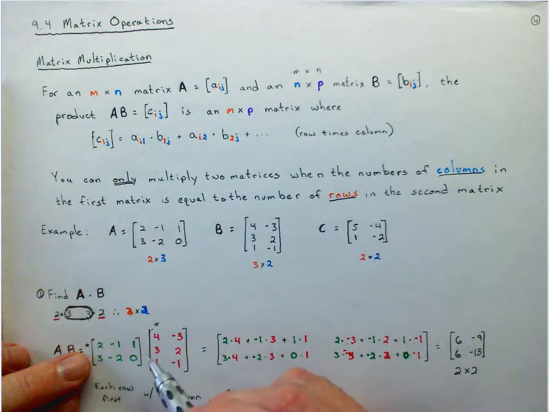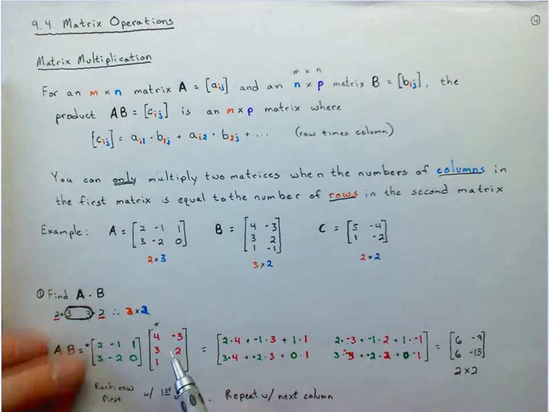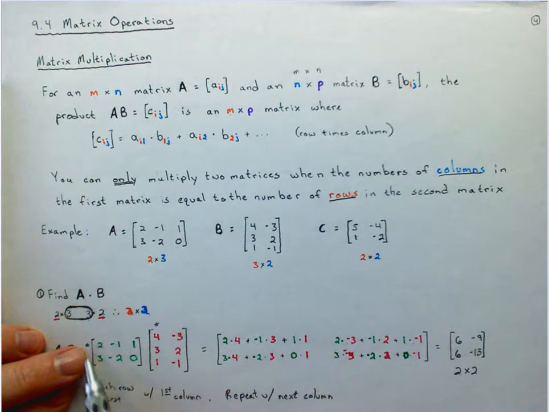Don't highlight and don't use pens when you do this, because you're going to end up flipping and having to redo it. You could use highlighters in yellow, blue and green. So first row, first column: 2 times 4, negative 1 times 3, 1 times 3, and I'm going to add those together.